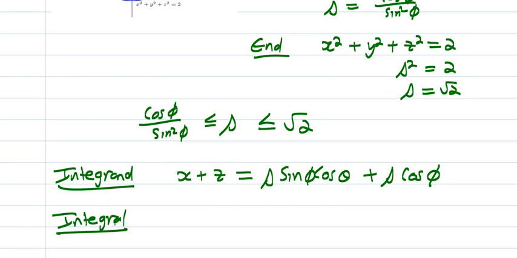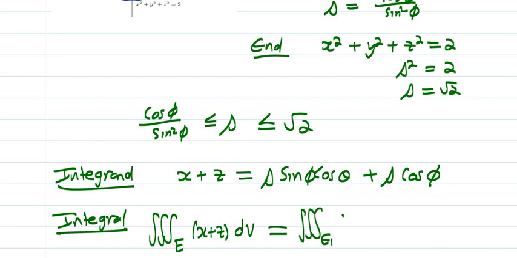All right, so remember the integral was given as a triple integral over E of x plus z dV. And by looking at the region, we see it was important to split it up as a triple integral over E1, the integrand doesn't change, plus a triple integral over E2, the integrand doesn't change.